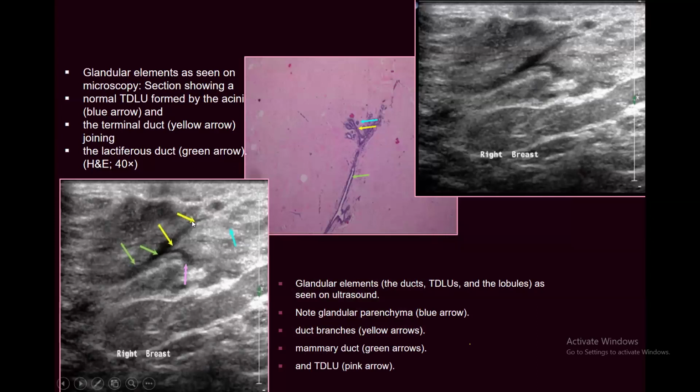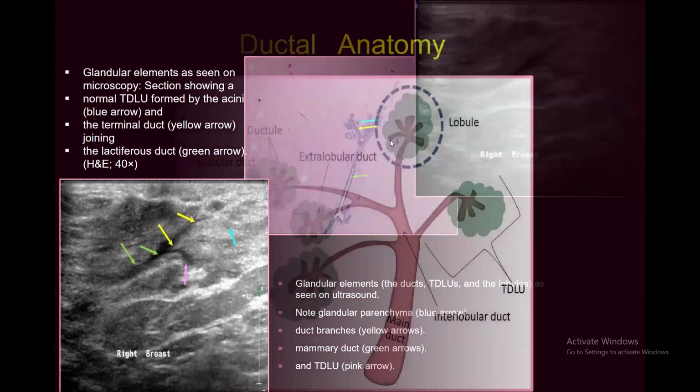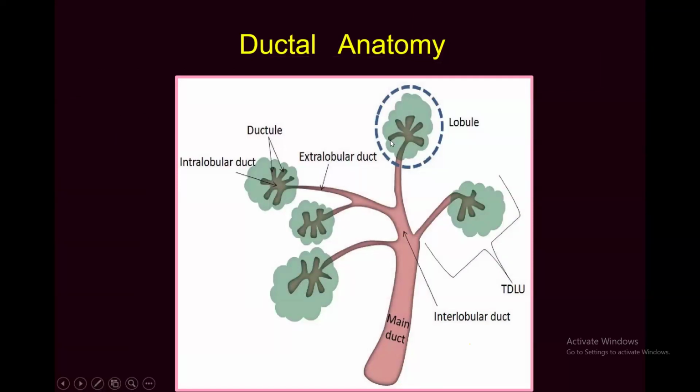Here we can see a segmental duct, a non-dilated or minimally dilated segmental duct, and this is a terminal duct lobular unit, and this is a histopathology image representing a main duct, extralobar terminal duct, and a terminal duct lobular unit. Again, for more explanation, this is the main duct, divided into subsegmental ducts.